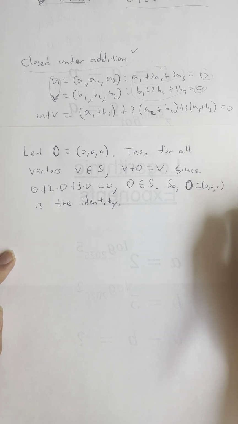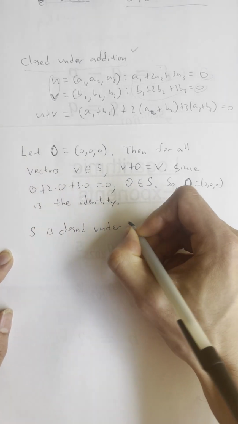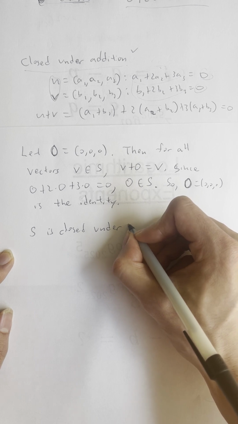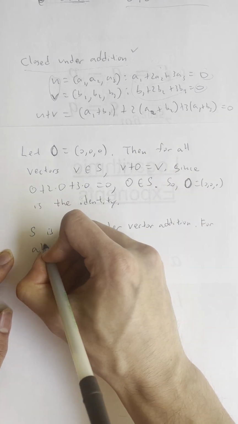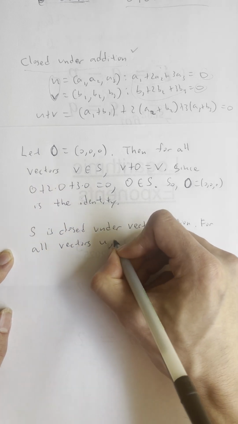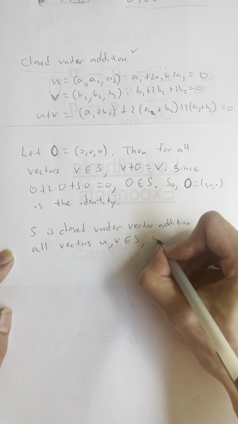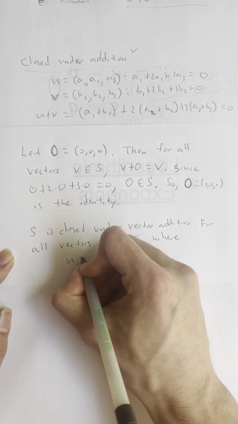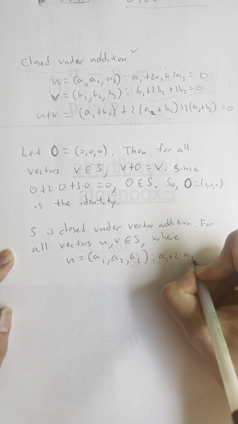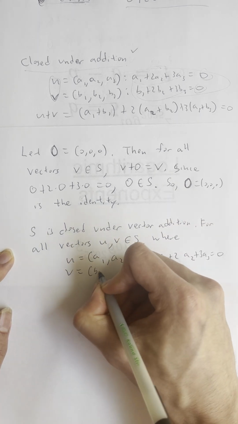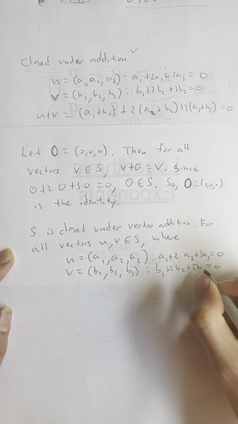S is closed under vector addition. For all vectors u and v belonging to S, where I'm just going to copy this real quick, u equals a1, a2, a3 such that a1 plus 2a2 plus 3a3 equals 0, and v equals b1, b2, b3 such that b1 plus 2b2 plus 3b3 equals 0.